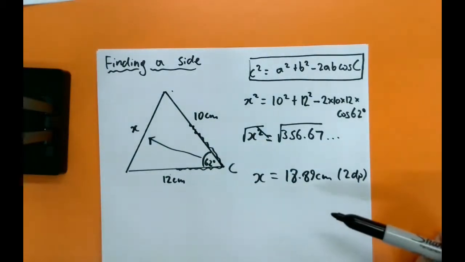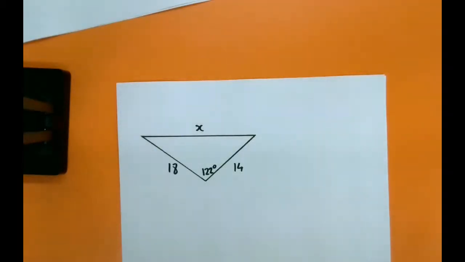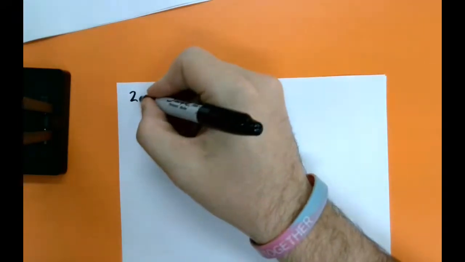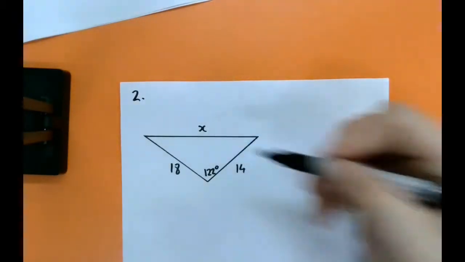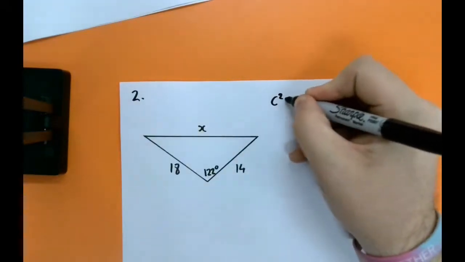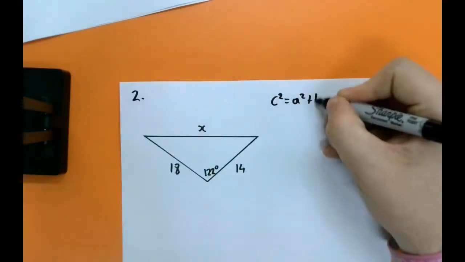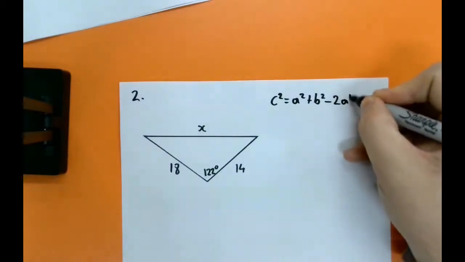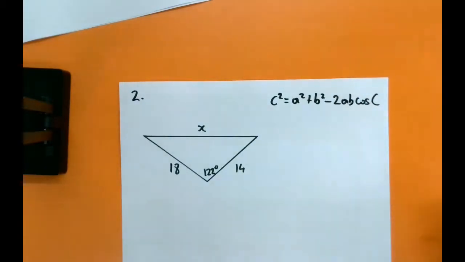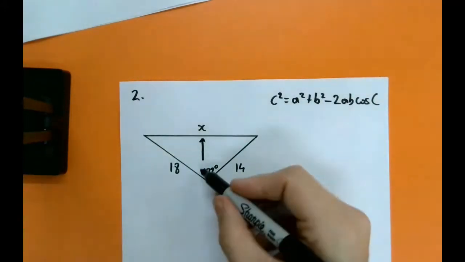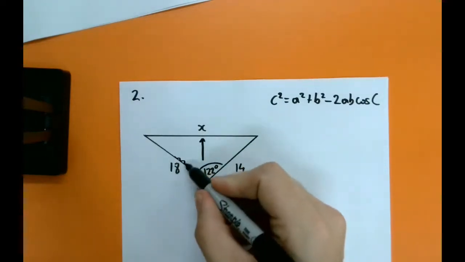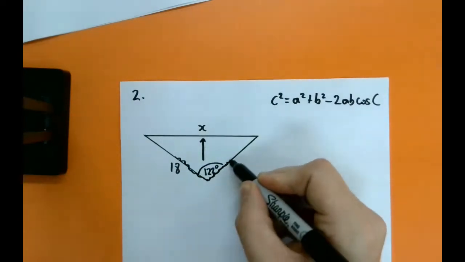So let's have another go at another example. This will be our example 2, so we'll put this as question 2. What we're going to do here is try to find this side x. So I write the formula out: c squared equals a squared plus b squared minus 2ab cos angle of c. In this particular case, x is what we're trying to find, our included angle will be the 122, and our a and b will be 18 and 14.